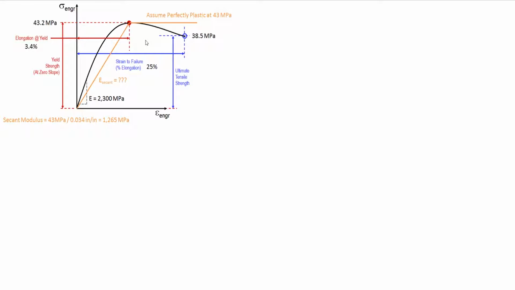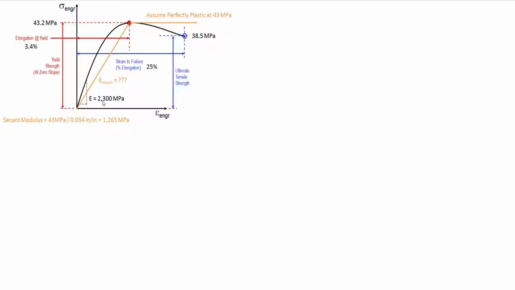The first point we're going to look at is Young's modulus, the E, also called flexural modulus. It is the slope of this line, which is estimated to be linear here.